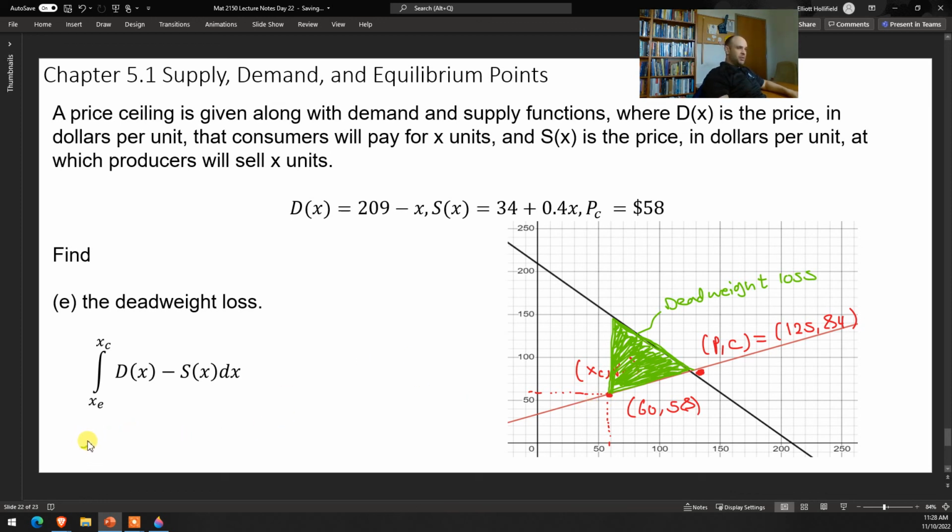So let's set up our integral here. We need to integrate from 60 to 125, 209 minus x minus the quantity 34 plus 0.4x dx. Now let's see.